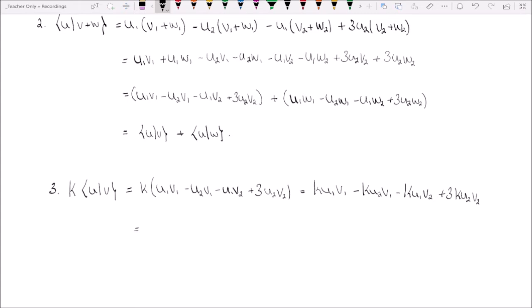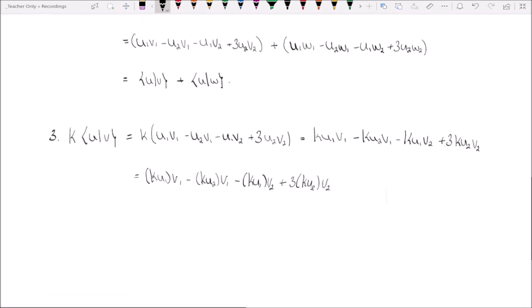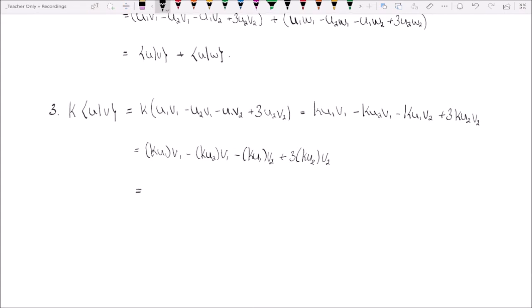Multiplication of real numbers is also associative, so we can group like this. And this is precisely the inner product of ku with v. So the third axiom is satisfied.